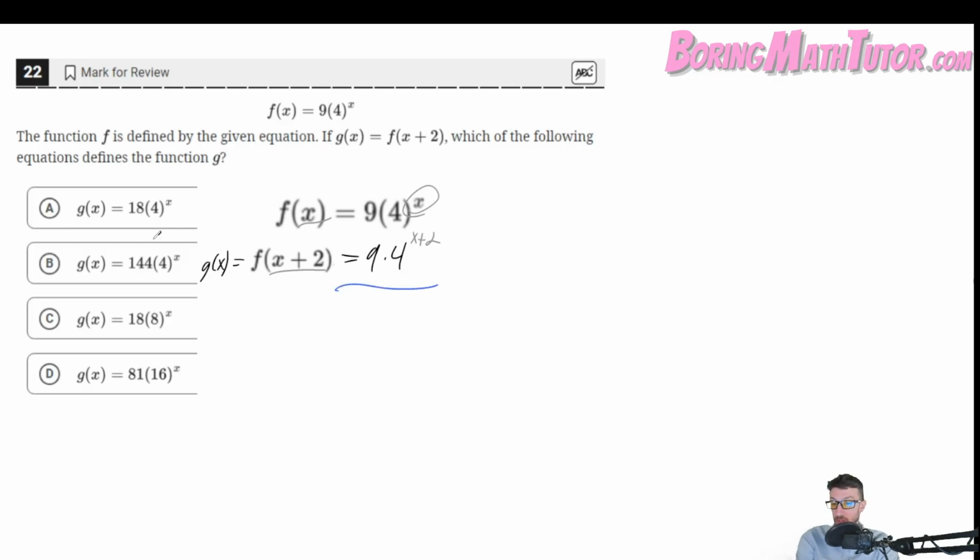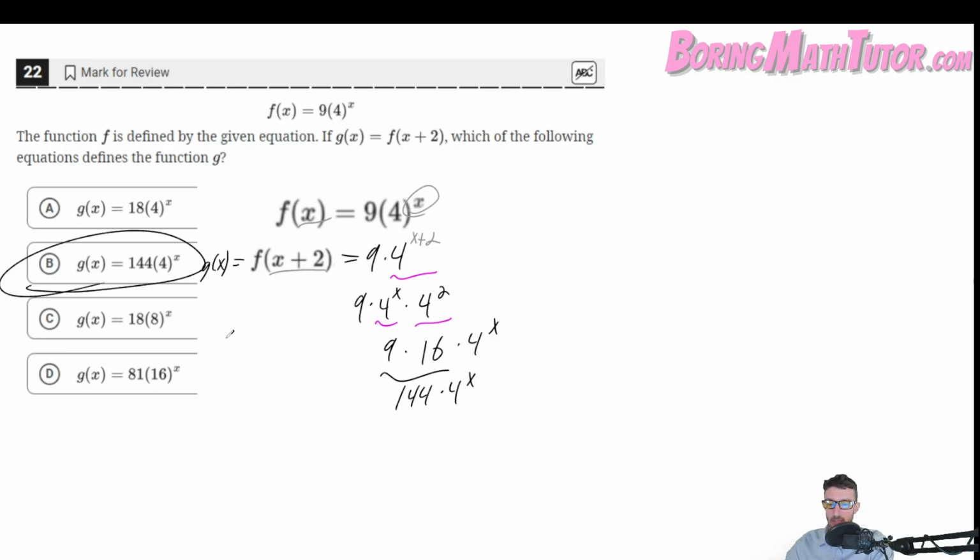No, they're not trying to make it too easy, but I can easily use an exponent rule that says that this must be the same thing as 4 to the x times 4 to the 2. Now, what is 4 to the 2? It's 16, and if I then multiply that by the 9, 9 times 16, I don't know, what's that, 90 plus 6 times 9, which is 54, so it's 144 times 4 to the x. That's our answer right there.